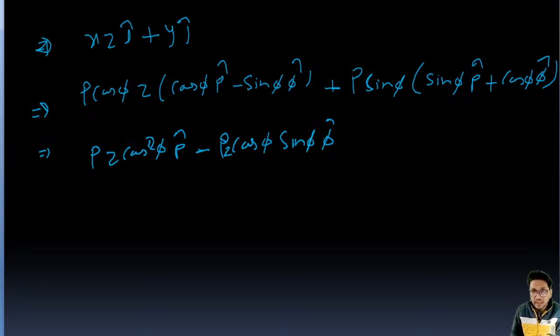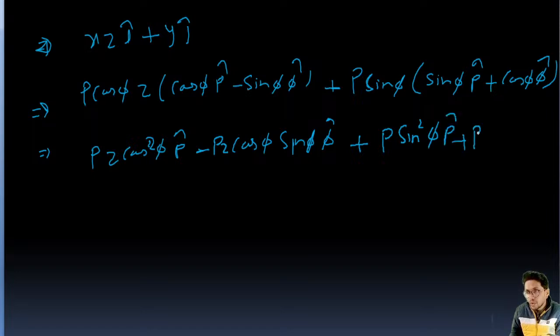This is rho z, guys, I'm writing it again. Similarly, we'll multiply this one. This is going to be rho sin square phi rho cap plus rho sin phi cos phi phi cap.